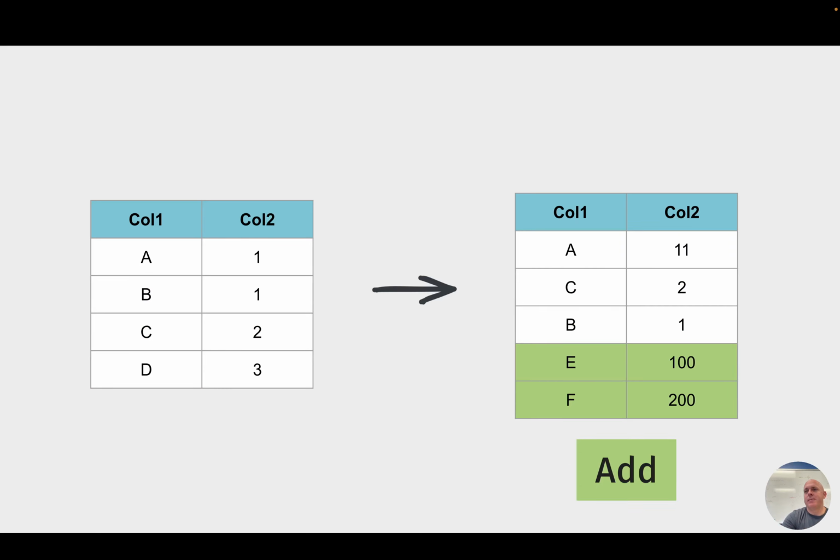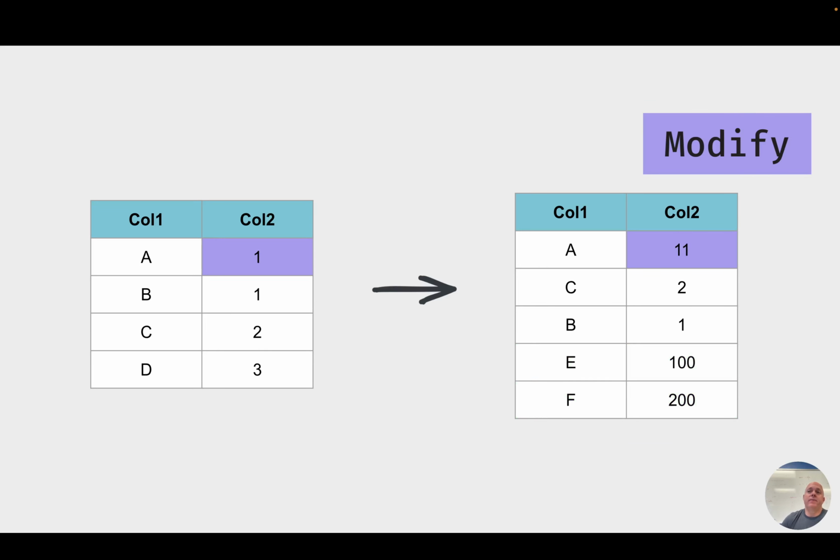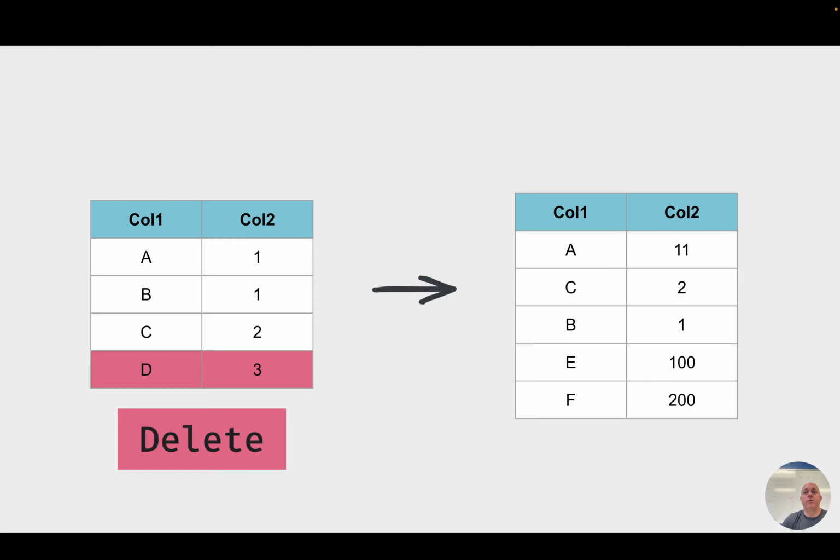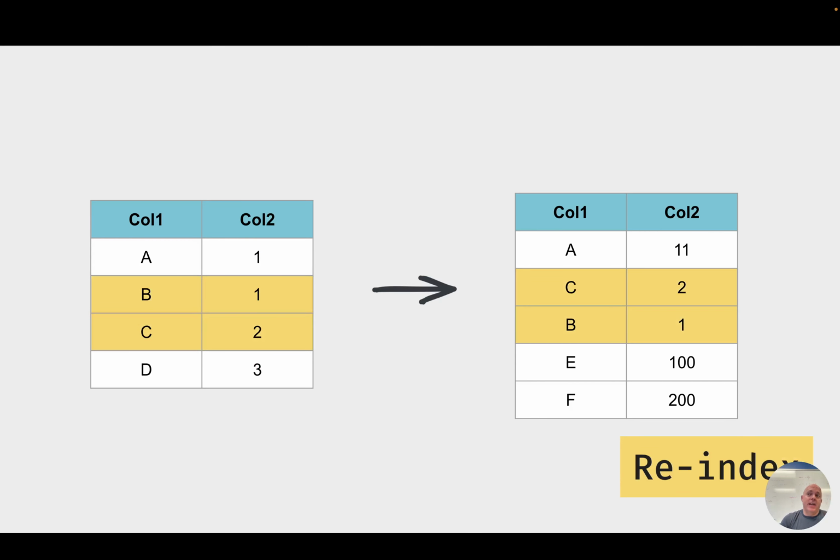So if we look at this table here, we have row additions. We also have cell modifications, and we can have row deletions, and you can have reindexing. And reindexing may be a little unfamiliar, but the concept is the data didn't change, but the order of the data in the table may have changed.